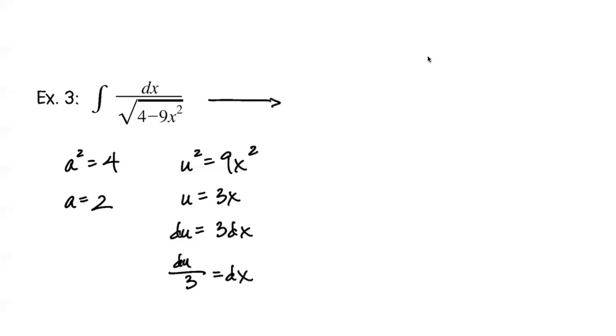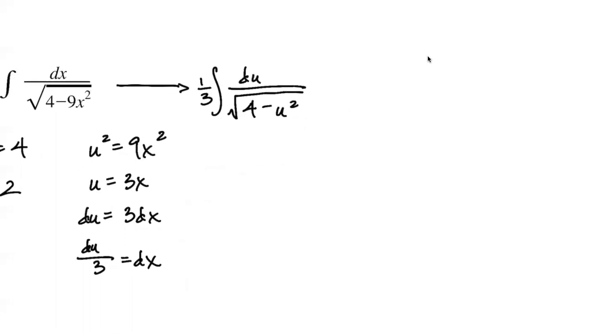And let's make our substitutions and see. All right. So now we're going to get 1/3 inverse sine of u over a.